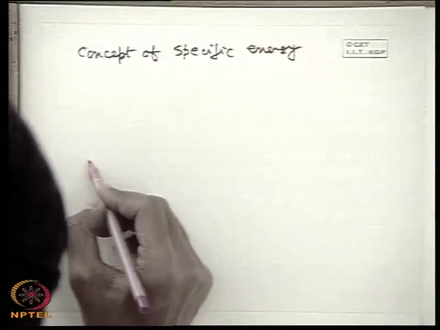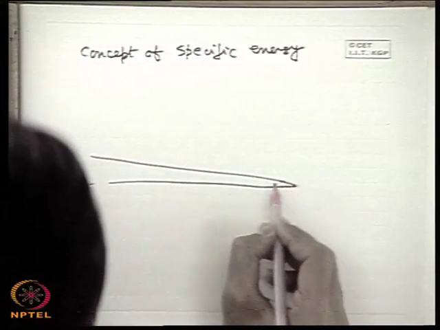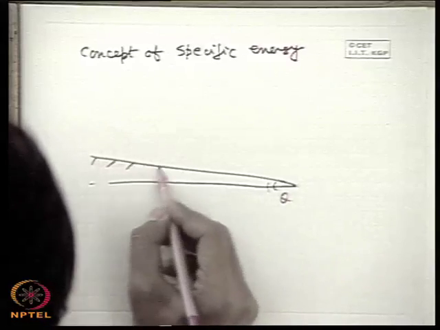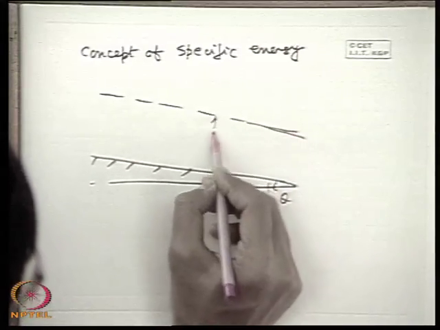Let us consider a channel. Let us consider a channel flow of some slope theta. Let us consider this is a straight channel which is flowing with a free surface, and this is the depth of the flow.